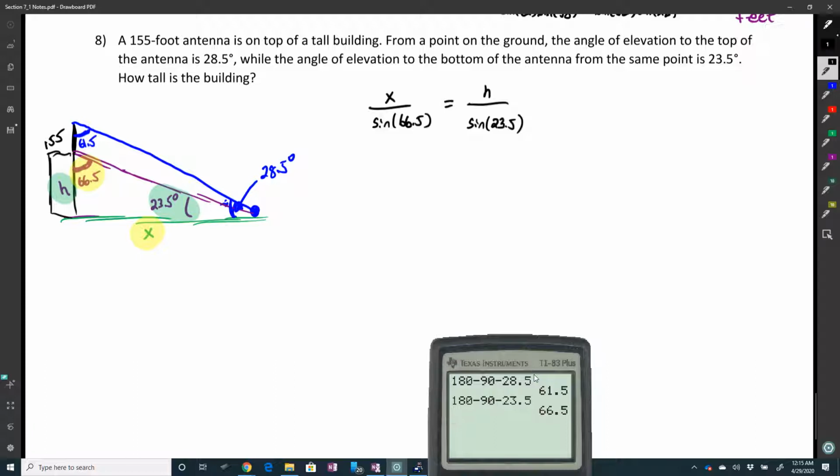Okay, I'm trying to get rid of x, so I'm going to solve for it. If I multiply both sides by sine of 66.5, I have x is equal to sine of 66.5 times h over sine of 23.5. So that's step one. Now I'm going to look at the larger triangle.